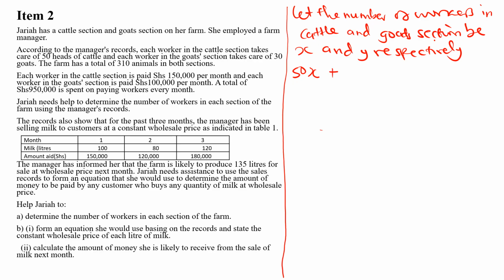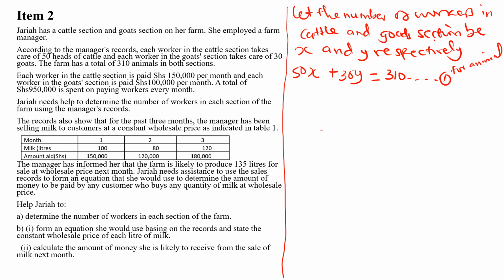Then plus also each worker here, how many goats are taken care of by one person? 30. And how many workers? We say that is y. So we say 30y is equal to, now these are goats and cattle, these are animals, so we get a total of 310 animals. So this is equation 1 for animals.